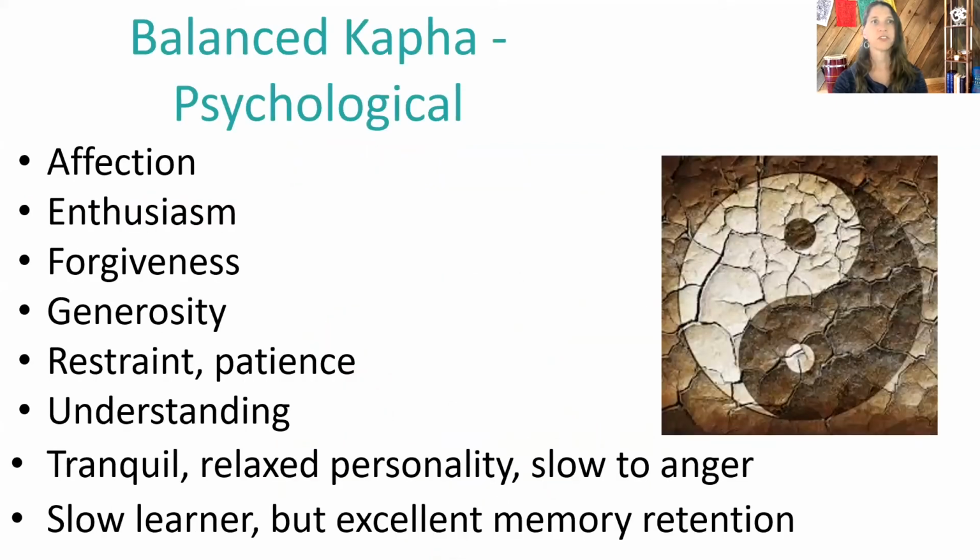So from a psychological perspective, kaphas are typically going to be the most affectionate. They're going to be enthusiastic when they're in balance. They're going to easily move towards forgiveness. They're generous, generous people. They have a natural born restraint and patience that comes along with them.